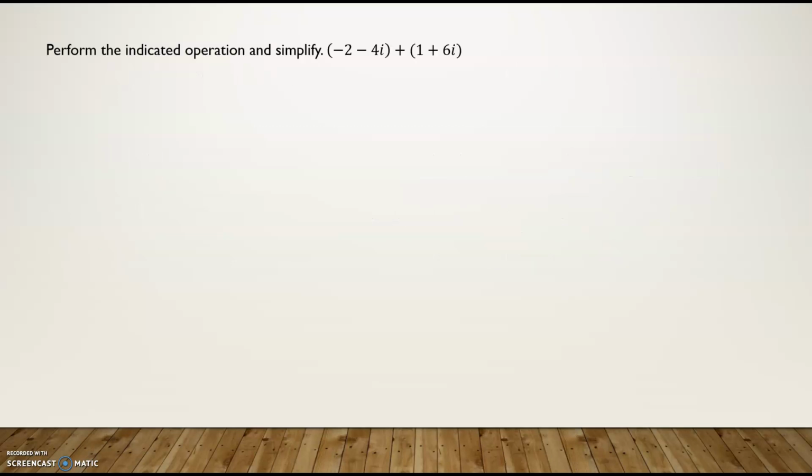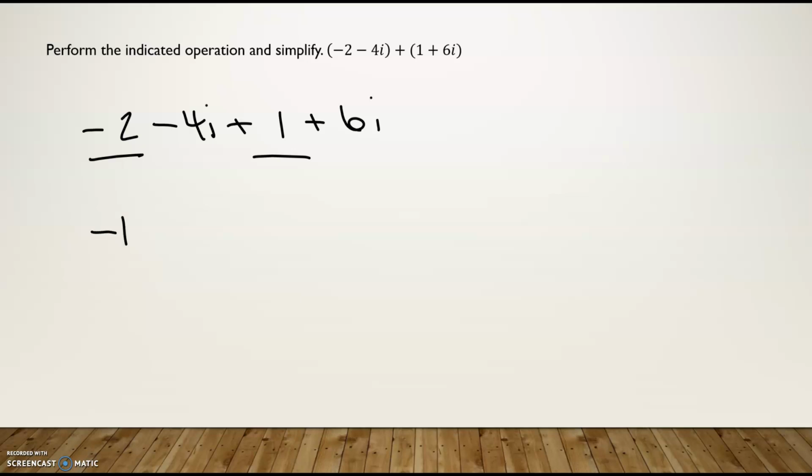So let's look at this one. Perform the indicated operations and simplify. So here we're adding two complex numbers. So what we need to do is -2 - 4i plus 1 + 6i. So I'm going to combine the -2 and the 1 to get -1.